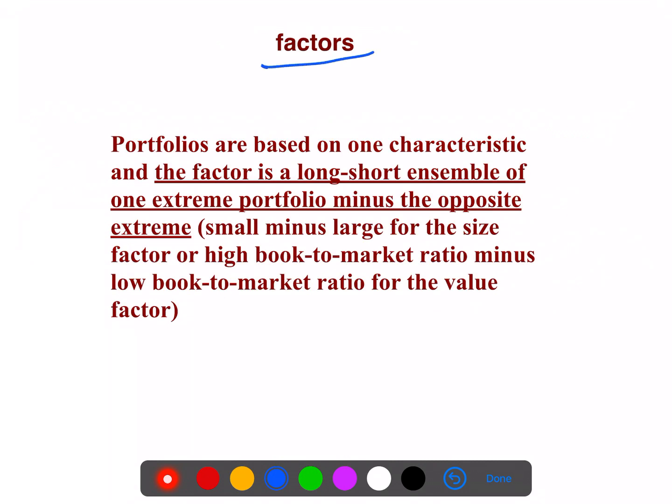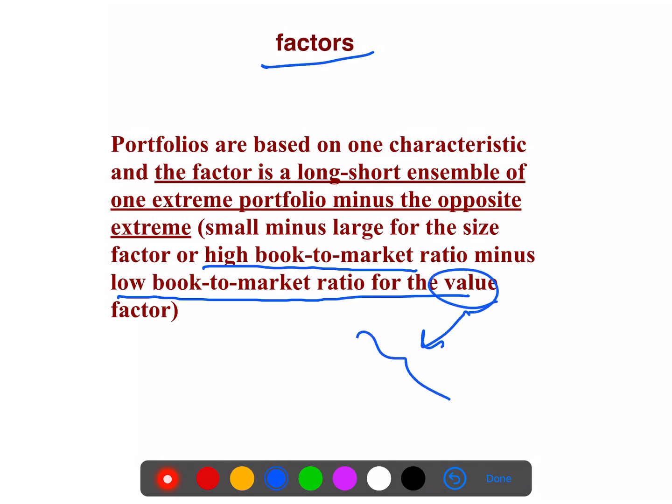So factors. Portfolios are based on one characteristic, and the factor is a long-short ensemble of the extreme portfolio minus the opposite extreme. So small minus large for the size factor, or high book to market ratio minus low book to market ratio for value.